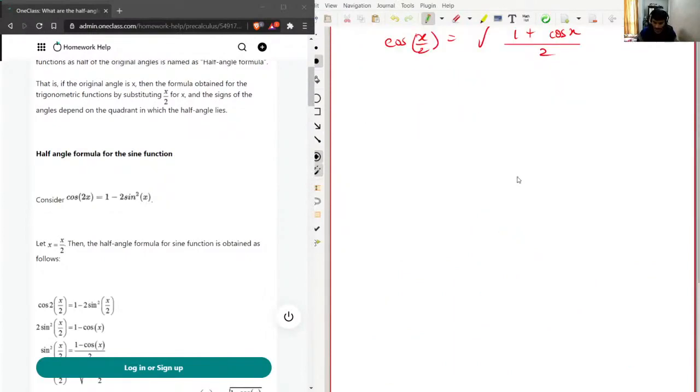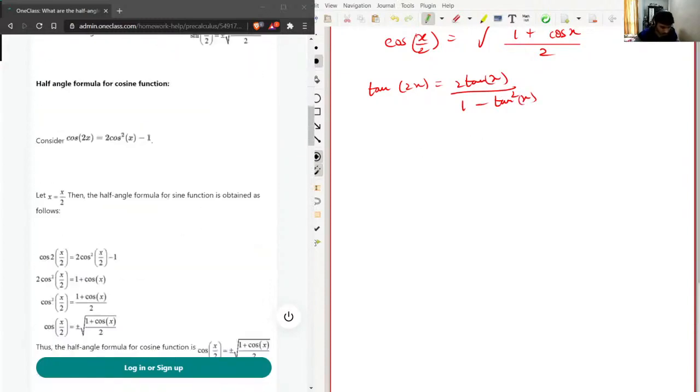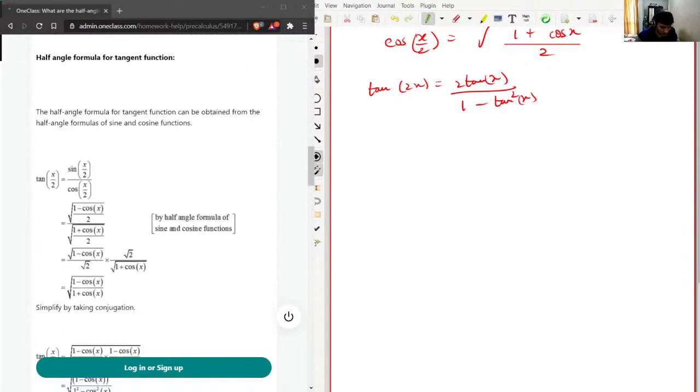At last we'll be doing tangent also. So tangent of 2x was 2 tangent of x over 1 minus tangent square x. In this case, I think we'll be getting a quadratic equation. I'll just cross check this. Okay, so instead of going with this one, we'll write this, which was easier.